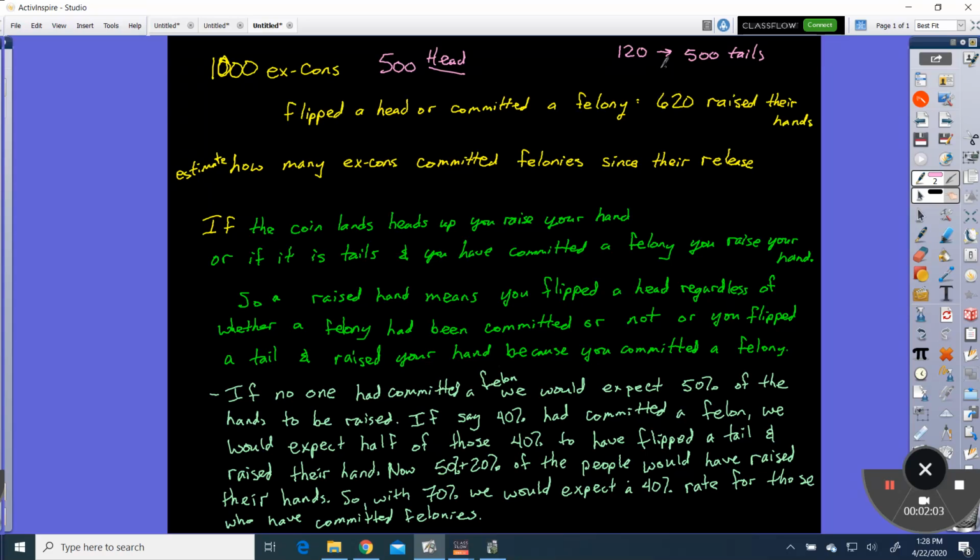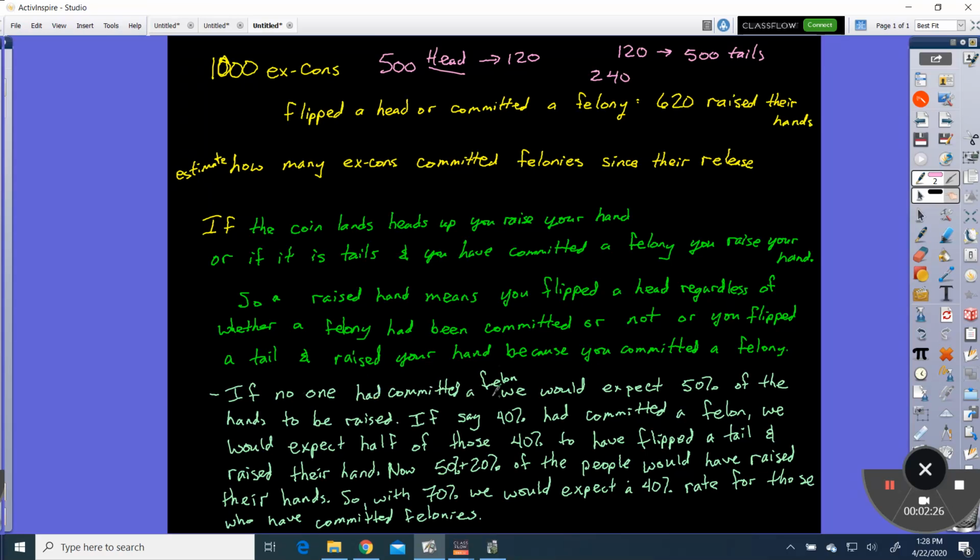So if this group that had tails, 120 of them committed a felony, most likely the same amount out of the 500 that flipped heads would have committed a felony as well. And so in total we would have 240 people that had committed felonies out of this 1,000. That's kind of what it says down here.